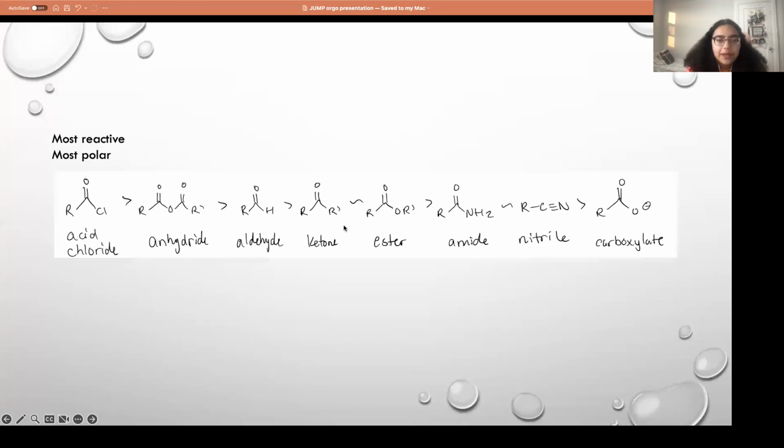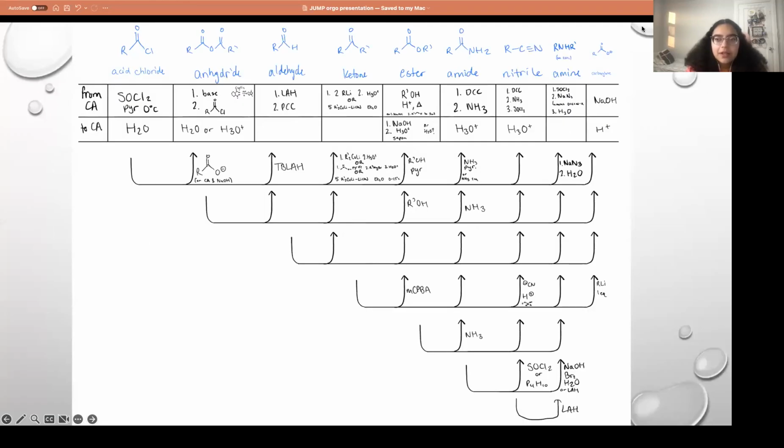I have it formatted another way as well here. If you're looking at just to and from carboxylic acid, these are the different ways. The ones labeled 1 and 2, you would need to do in ordered steps. Otherwise, you can just put the reagents together.